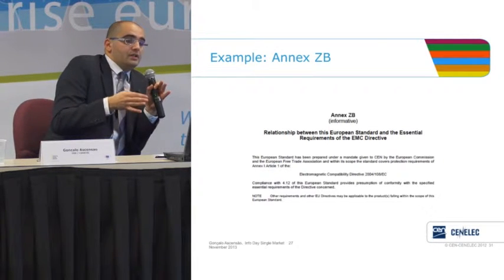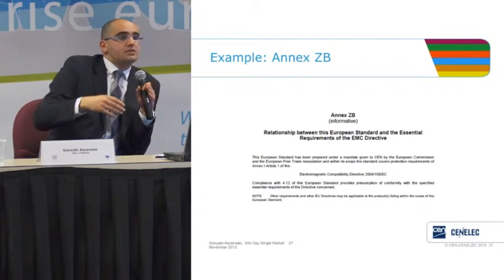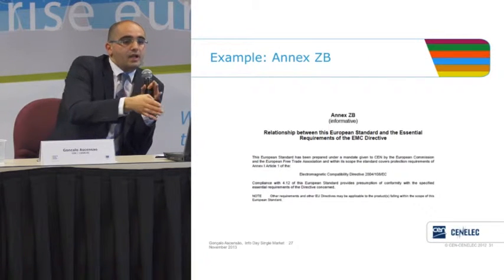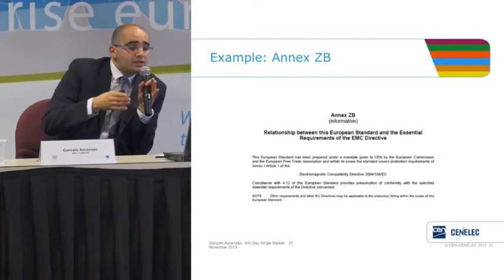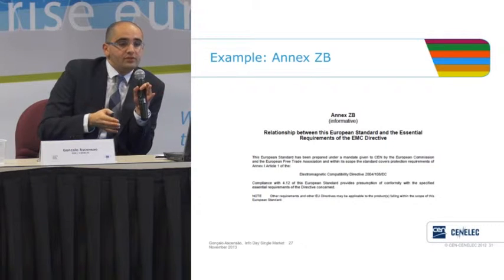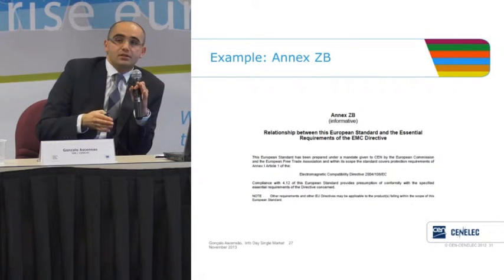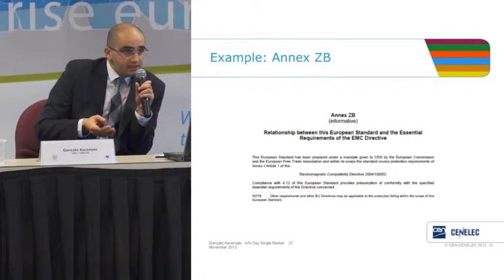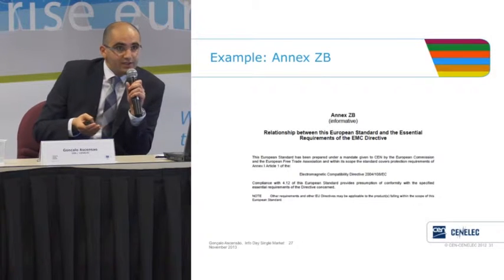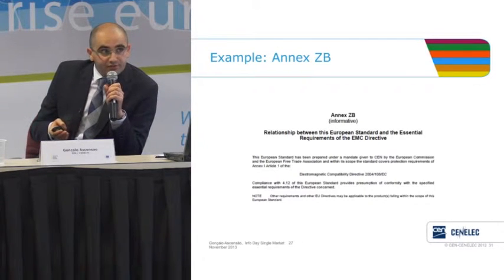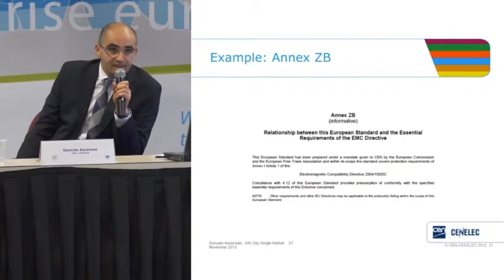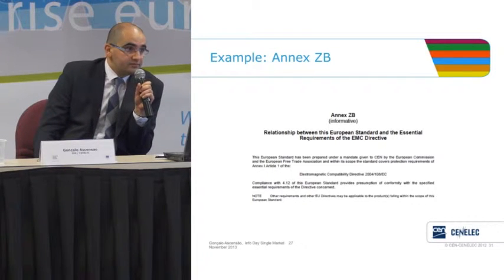So, in this case, the standard addresses some of those requirements, and you can see that compliance with clause 4.12 provides presumption of conformity with the requirements of the EMC directive. As you can see, it's much easier when you are dealing with a new approach directive. This is the Annex ZB for a new approach directive.